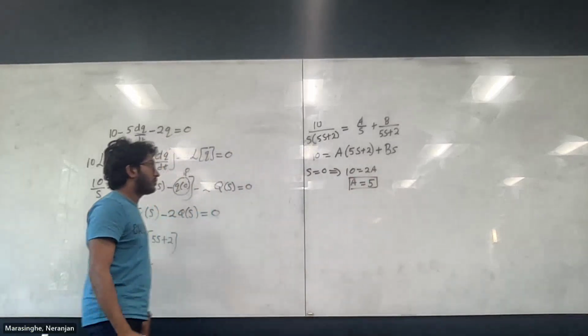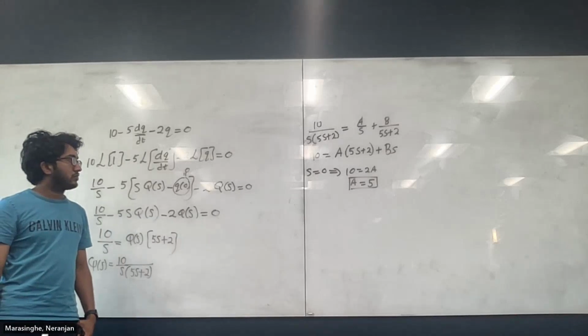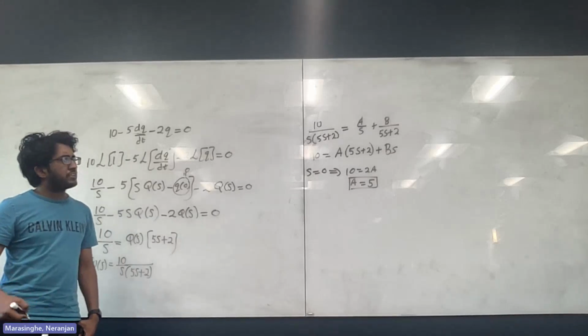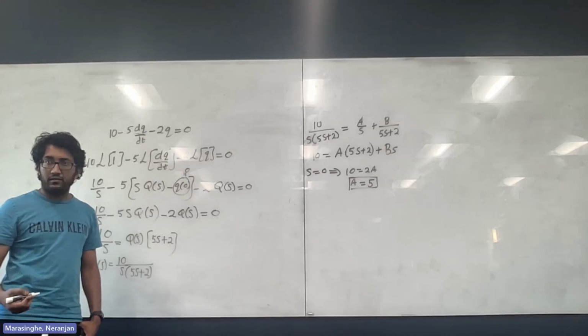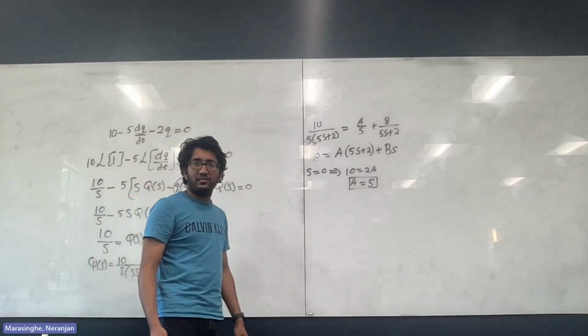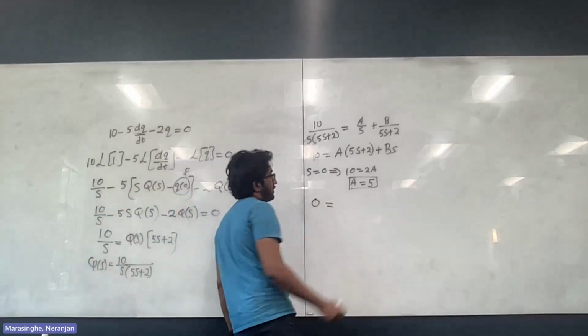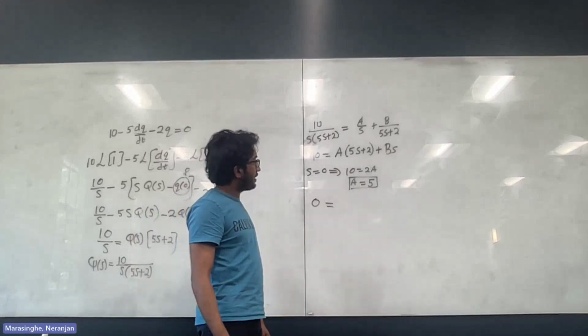Okay. Then I would compare coefficients of s. What is the coefficient of s on my left hand side? I don't have any s terms, so 0. What is the coefficient of s on my right hand side?